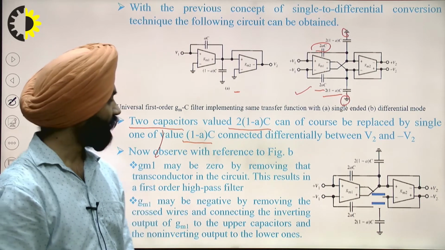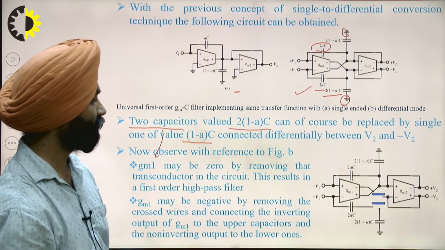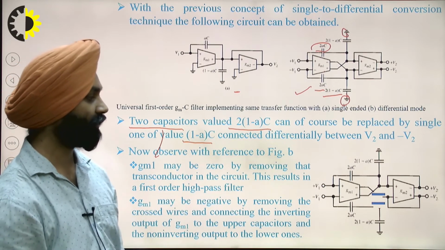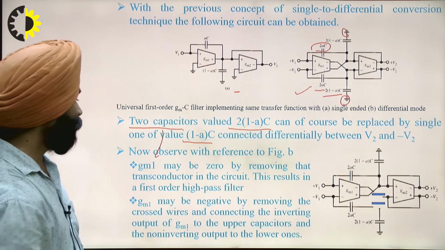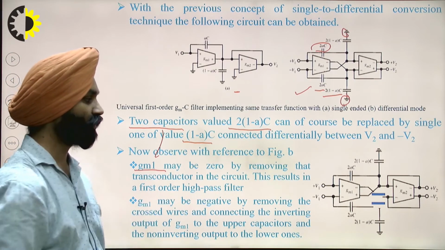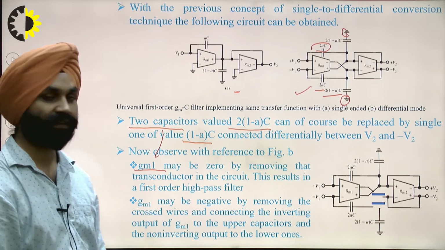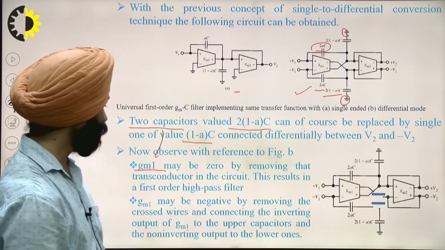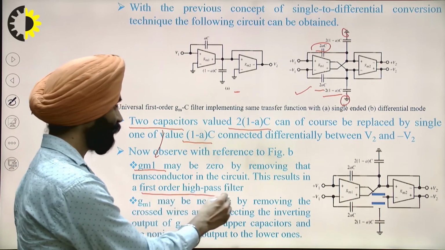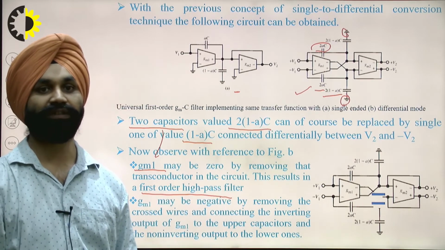So now if we take this circuit, we can take a reference that GM may be equal to 0. Removing the transconductance in the circuit, it will be a first order high pass filter. That means if GM is 0.